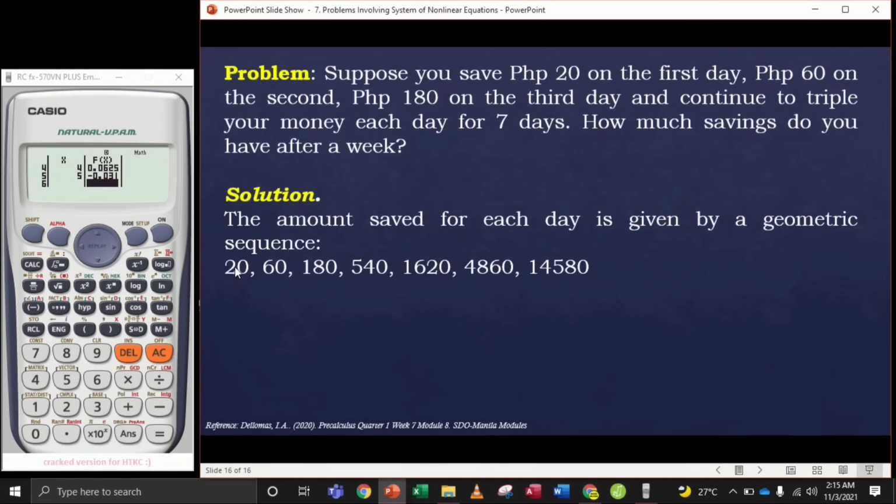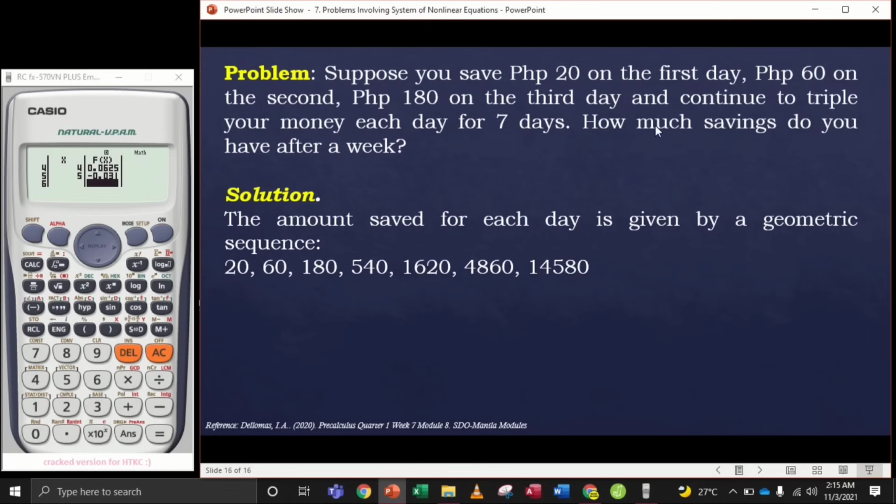So, meron tayong 20, kasi yung kasunod nun, nag-triple eh. So, yung constant term, nagmumultiply siya ng 3. So, 20 times 3, that is 60 times 3, 180 times 3, 540. So, ito yung pangatlong araw. So, yung pang-apat na araw, pang-5, pang-6, at ito yung pang-7 days.